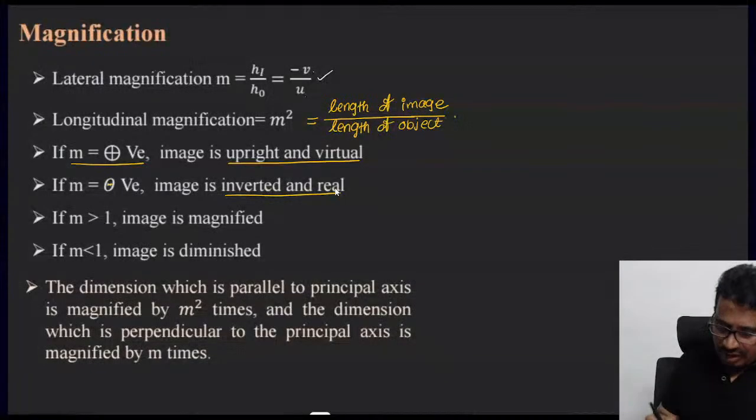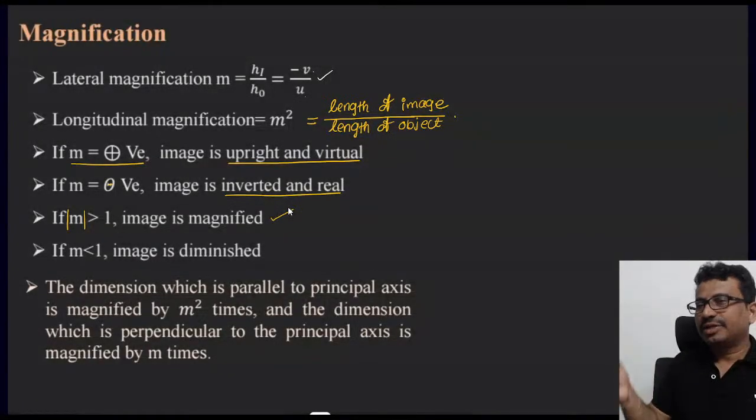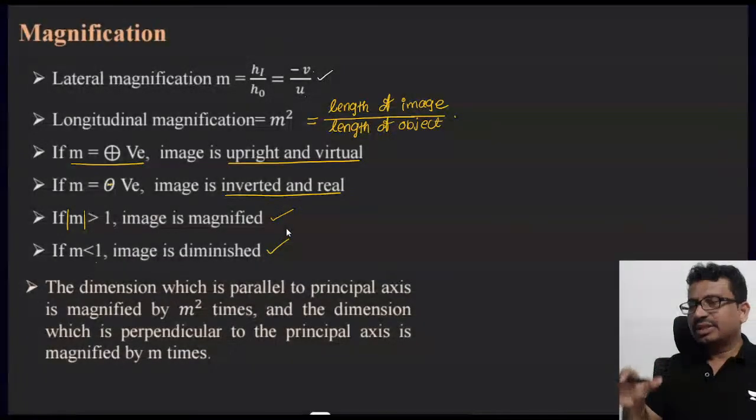If the magnitude of m is greater than 1, the image is magnified, that means amplified. If it is less than 1, the image is diminished, meaning the size is decreased.